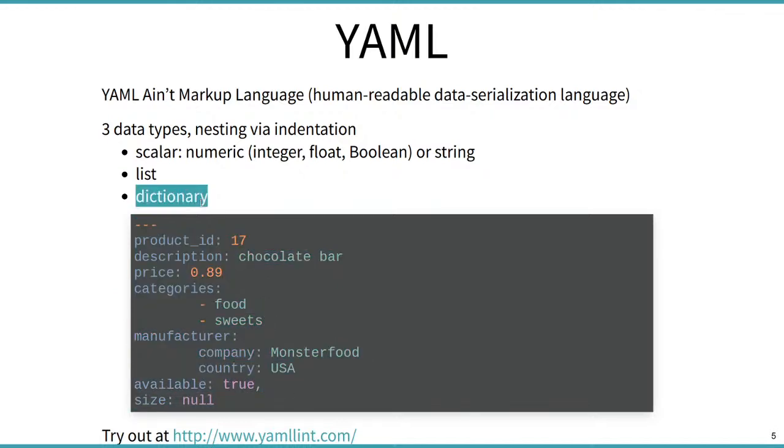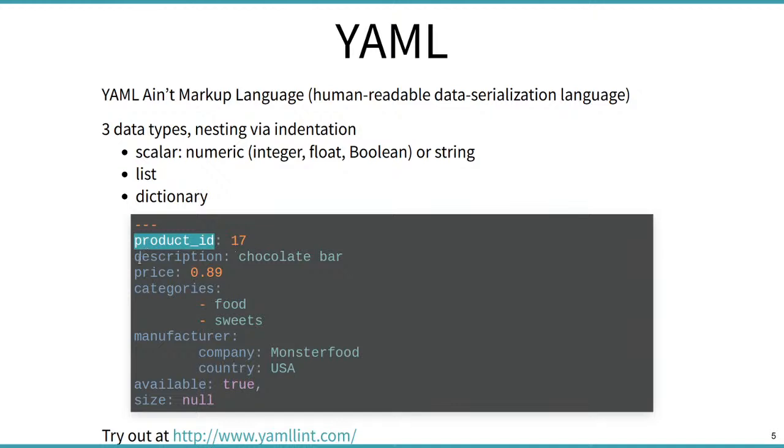A dictionary, you know, from programming languages like Python, is a set of key value pairs. In other programming languages, you would call it an associative array or a map. Actually a set of key value pairs, because the order does not matter.